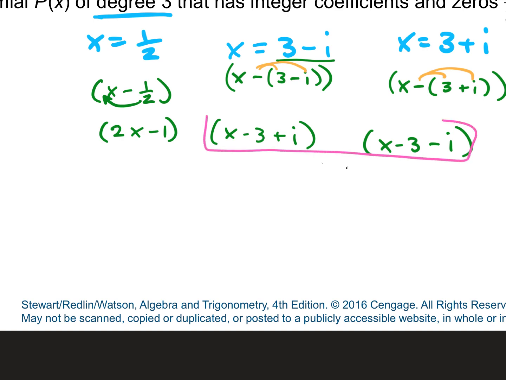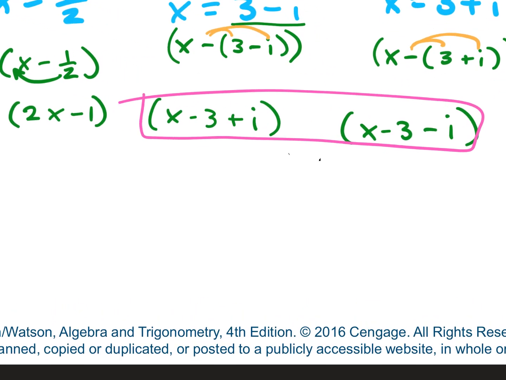The second two here. Because I have a conjugate shortcut, so it'll make it a little bit easier. We know that we take our first term and square it minus the second term and square it. Now we have to be super careful here because our first term is that whole x minus 3 because that's the same thing in both of them. So x minus 3 is our first term and our second term is i.